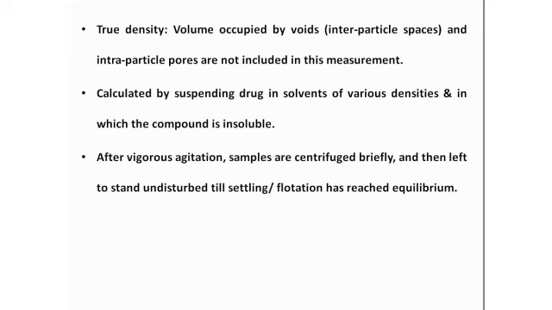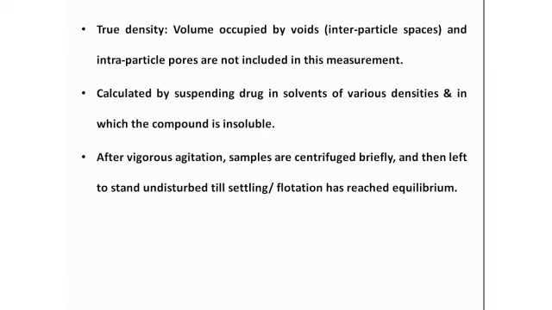So after vigorous agitation, means after vigorous shaking, when we mix the drug powder with the solvent of different density, for each solvent the samples are centrifuged, and then they are allowed to stand undisturbed till the drug either settles down in the centrifuge tube or floats.